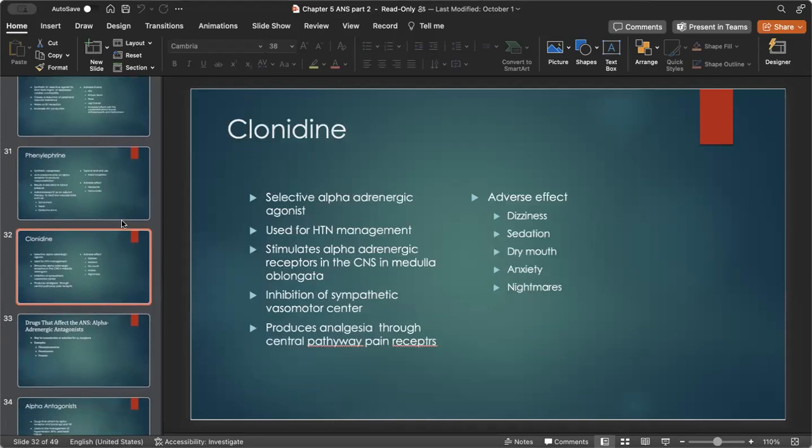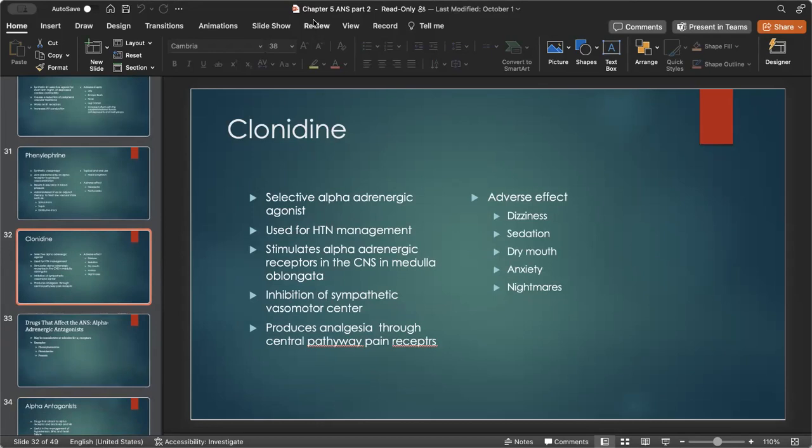Clonidine is also a selective alpha adrenergic agonist, which means it mimics the alpha receptors. Let me just double check, but it should work specifically on alpha 1 receptors. Yes, so like phenylephrine, it specifically works on alpha 1. That's why it causes that vasoconstriction.